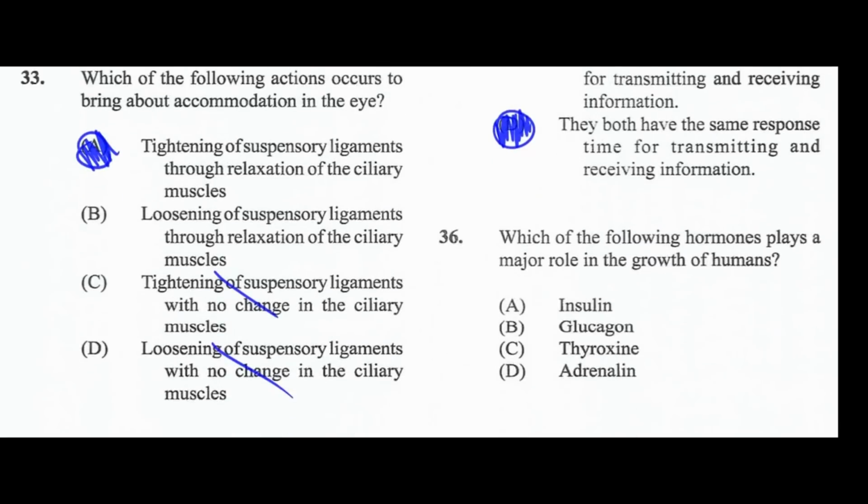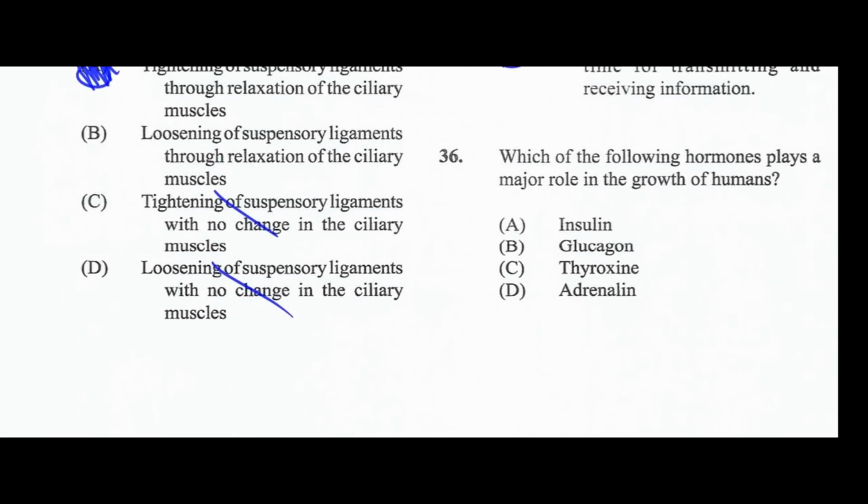Which of the following hormones plays a major role in the growth of humans? That's actually growth hormone, but it depends. It's not adrenaline. I definitely don't think it's insulin or glucagon.